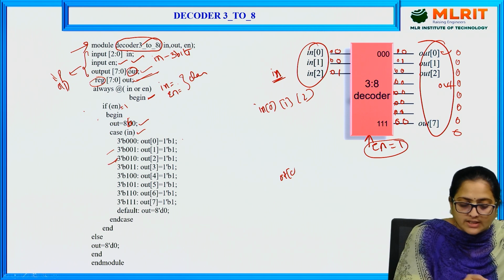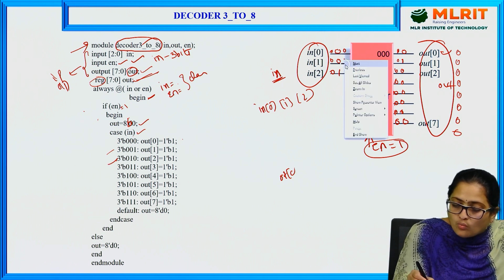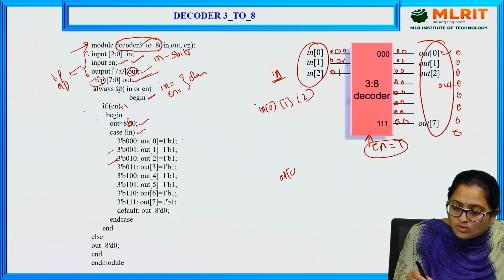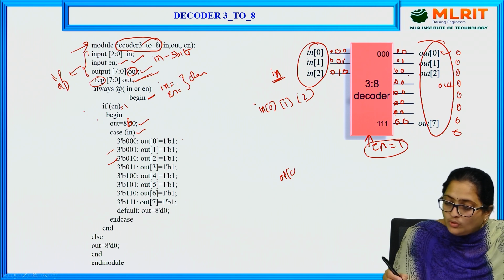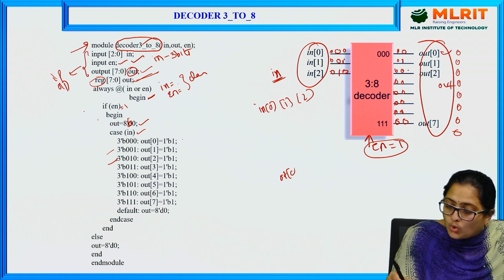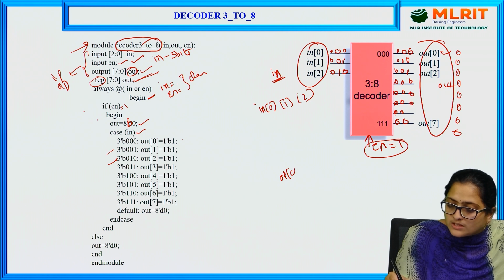And in the third case, if the inputs are 0, 1, 0, then you can observe the output only at OUT[2], and the remaining bits will be zeros.